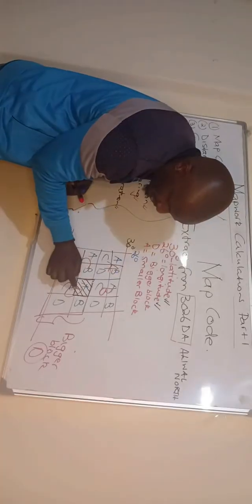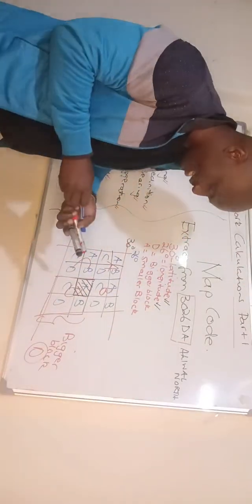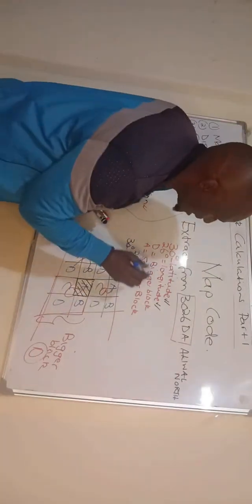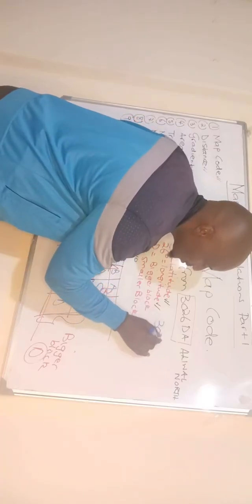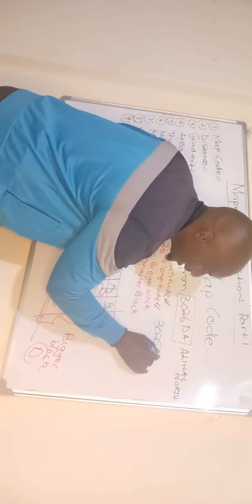It is only this part that I have shaded, your DA, the smaller block, that is showing what we call Alwal. So we have got 30, 26, DA.